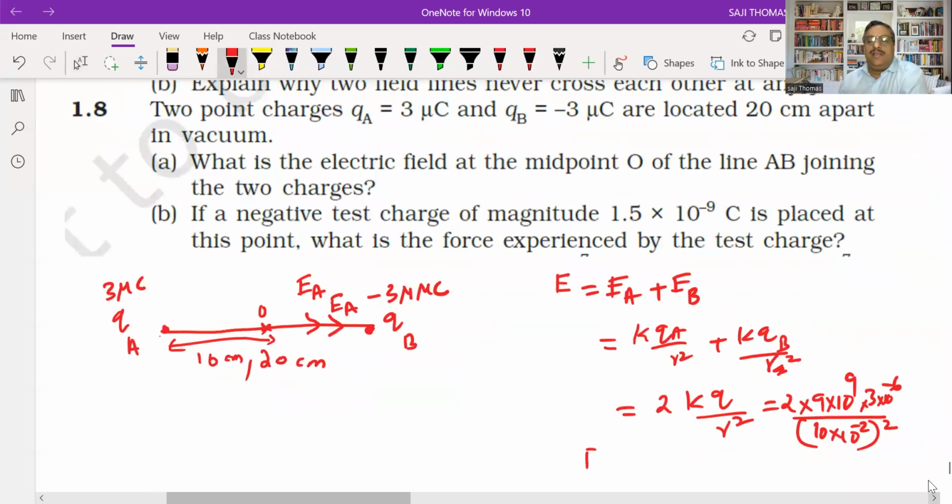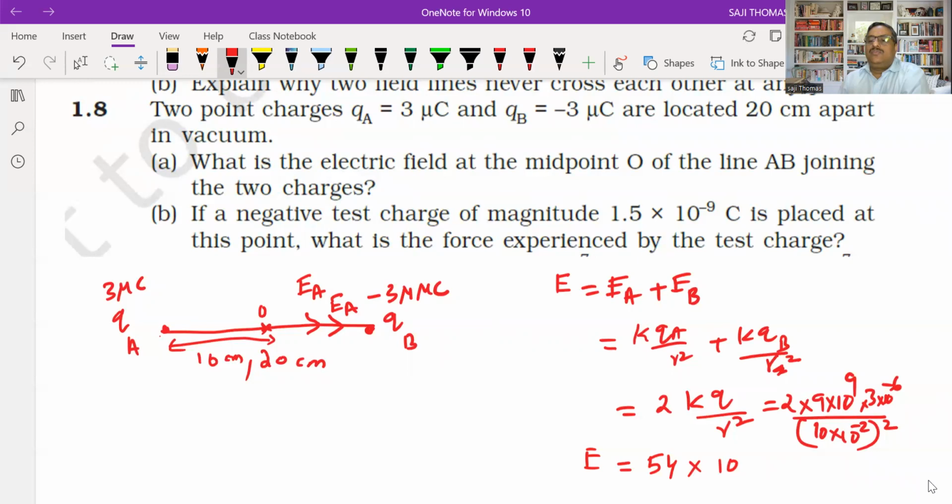So E will be: 2 into 9 is 18, 18 into 3 is 54. So 54 into 10 raised to 9 minus 6, that is 3.